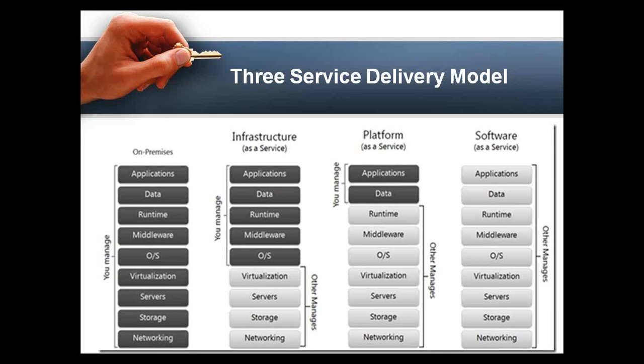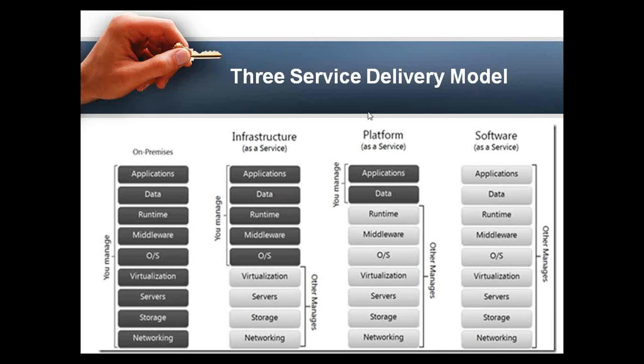Everything means application, your data, your middleware, your operating system, your virtualization, server, storage, and networking. Now we are coming to the off-premises. Off-premises means we have three service delivery models for the off-premises architecture. We have infrastructure, we have platform, and we have software.